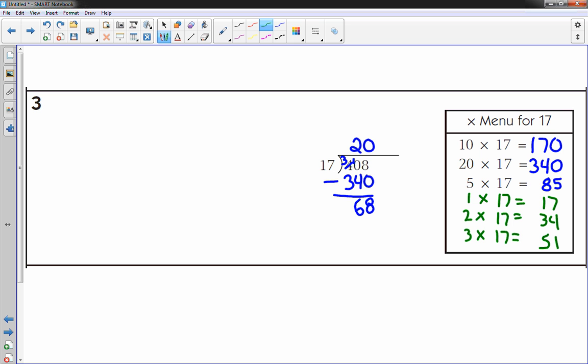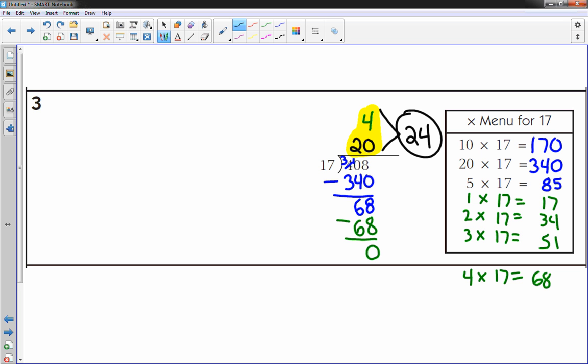So 4 times 17, just adding another 17 to the 51, is 68. So that's what I want to use. 4 times 17 is 68. No remainder. The last part is just remembering to add those pieces. That's why it's called the partial products method. 24 is my answer.